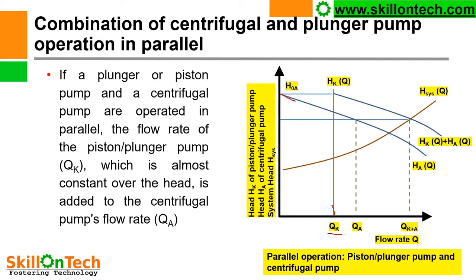And this is our combined characteristics curve of centrifugal pump and plunger pump. And this is our system head curve. So then this is the operating point where we will get this operating head, and this Q K plus A flow of both the pumps combined under operation.